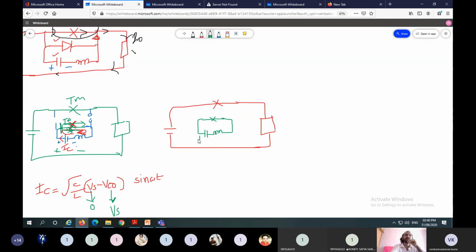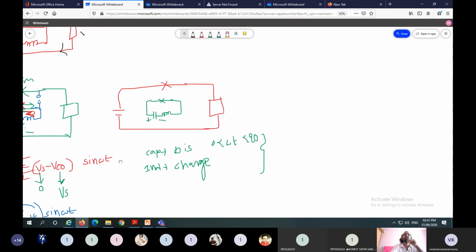Here, if the capacitor starts discharging, the inductor starts charging. The capacitor discharges and the inductor charges. So this is for discharging of the capacitor and charging of the inductor from 0 to 90 degrees.